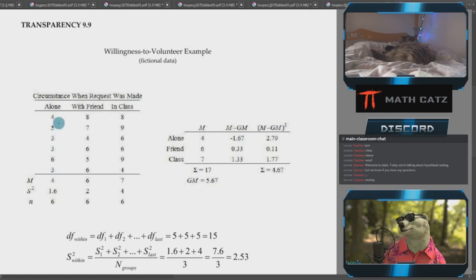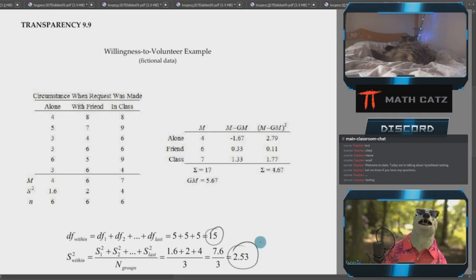We had 6 in a group, so 5, 5, 5, so 15 for the degrees of freedom within. That's the first important thing. Then my best attempt at a population variance is when I add up all the individual variance estimates and divide by 3, and there we go, 2.53. That will be the denominator that goes in the bottom of my F ratio.